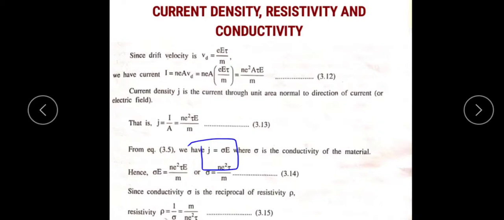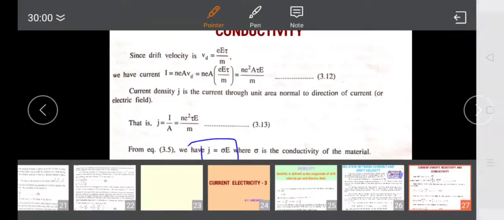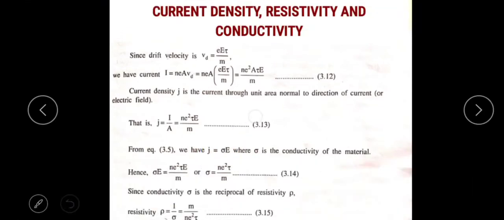E gets cancelled, then sigma is equal to n e squared τ divided by m. This is equation number 3.14.